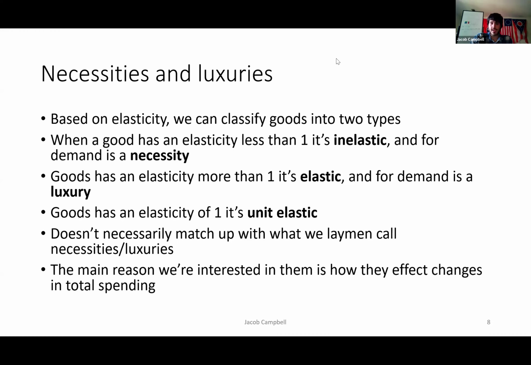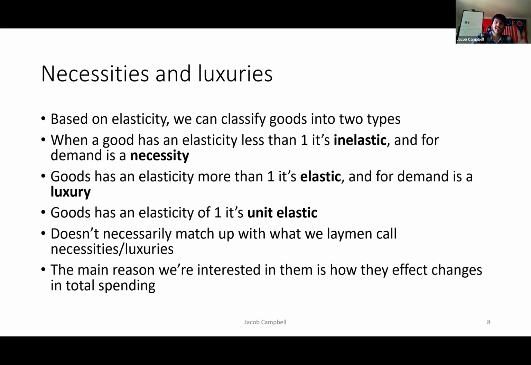Now, based on elasticity, we can classify goods into two different types. When a good has an elasticity of less than 1, we're going to call it inelastic, and when we're talking about demand, we're going to call that good a necessity. When a good has an elasticity of more than 1, it's elastic, and for demand, we're going to call that good a luxury.